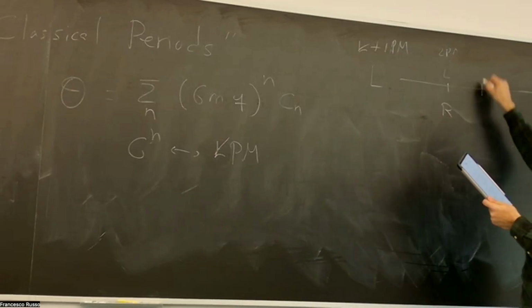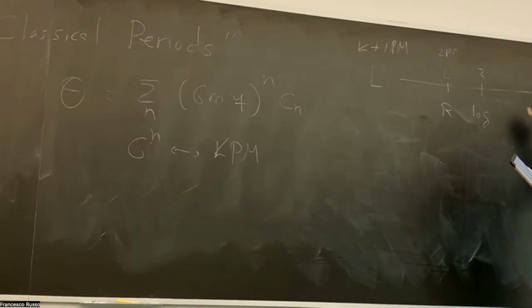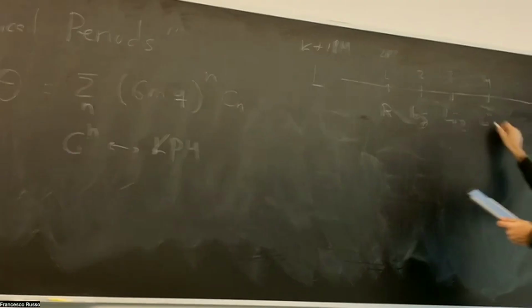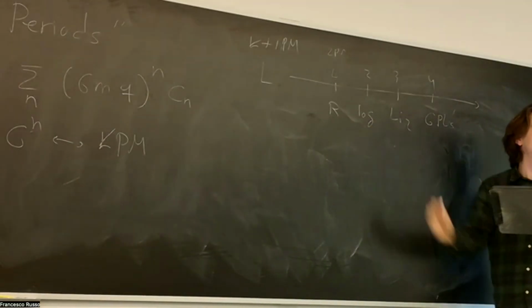When we went to 2 loops, we just found logarithms. And when we went to 3 loops, we just found dilogarithms. Here we found generalized logs. But always of 1 weight lower than we expected.